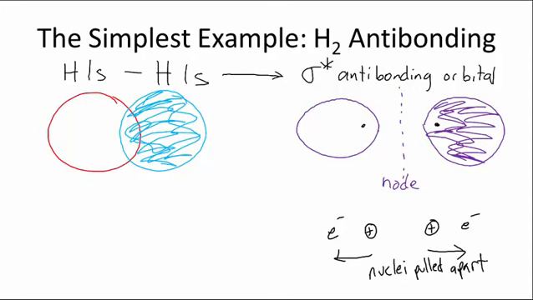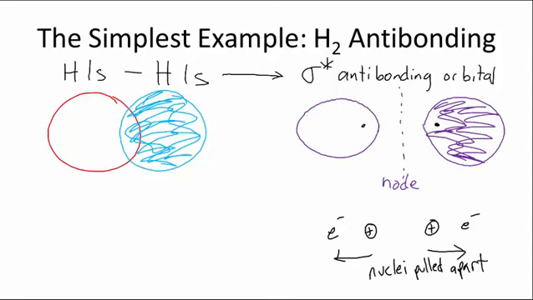The other thing to note here is, in terms of potential energy, electrons are at lowest potential energy when they get to be close to positive charges, close to nuclei. So, as compared to the atomic orbitals, the electrons in the antibonding orbital are actually further apart from the nuclei than they otherwise would be.